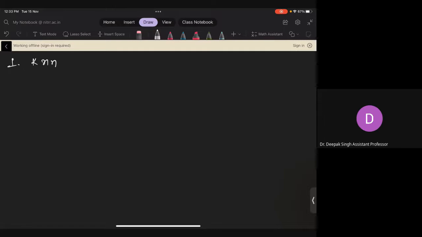KNN. Yeah, this is a very popular algorithm in machine learning. It is called K nearest neighbor. How does it work? It's also called a lazy evaluation algorithm. It takes complete data, it does nothing. It computes the Euclidean distance, right?